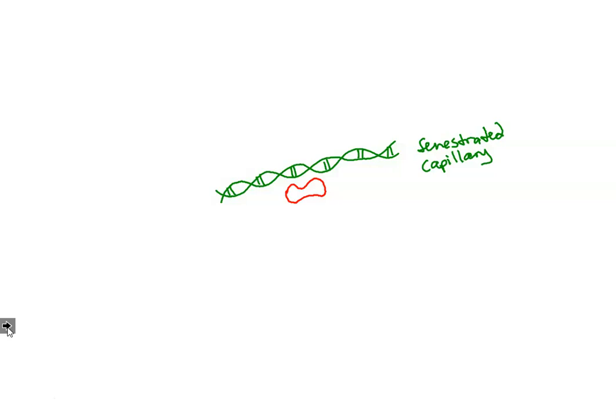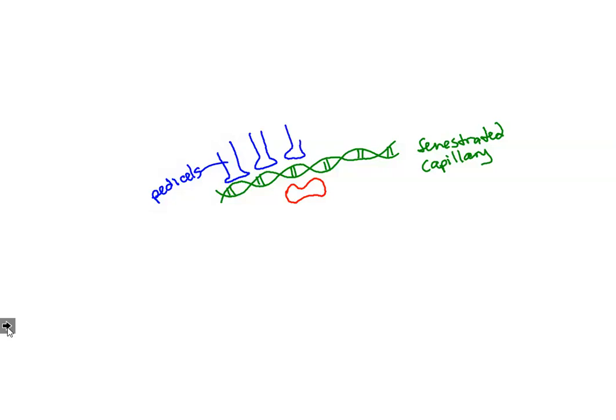Then the podocytes of the renal corpuscle have little feet and arms that are called podocytes and pedicels. So the podocytes are the cells, and these are the pedicels, the little foot-like projections that make a network over those capillaries.